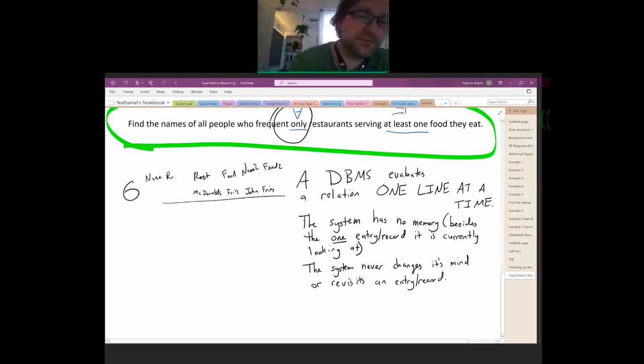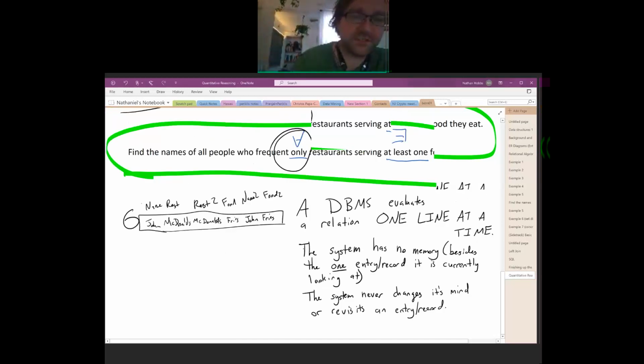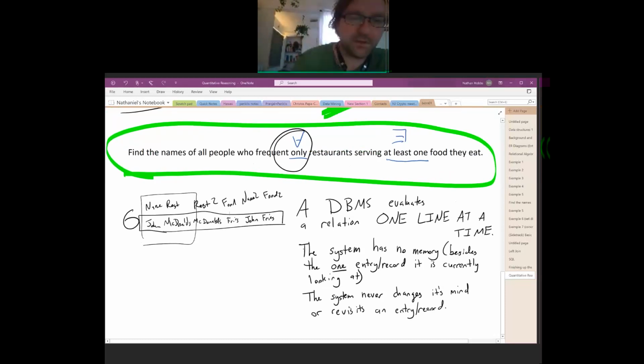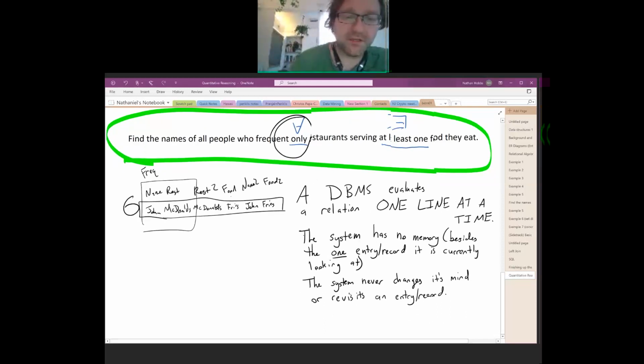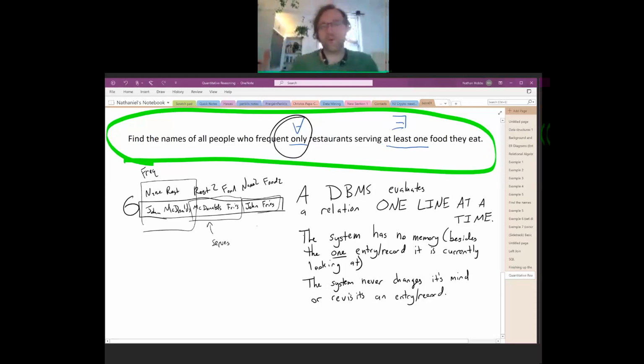Name, Restaurant 2, McDonald's, John. Okay. If you have an entry like this, where this is like a frequency that's coming from the frequency table, this part is coming from a serves table, and this part is coming from an eats table.